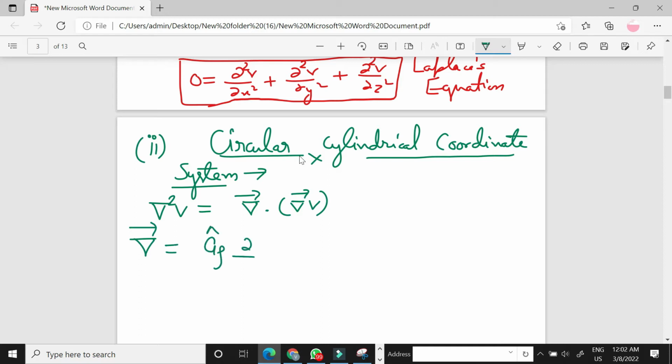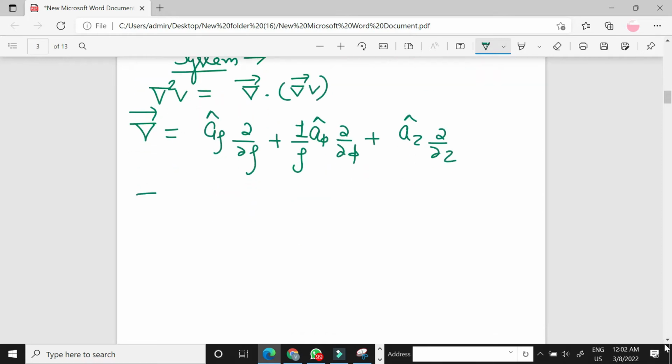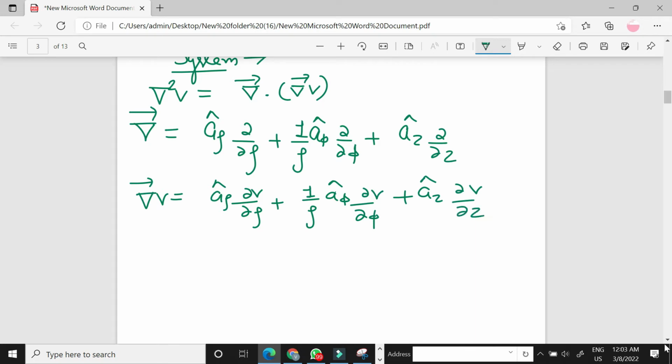A rho del upon del rho plus 1 upon rho A phi del upon del phi plus Az del upon del z. So del V is A rho del V upon del rho plus 1 by rho A phi del V upon del phi plus Az del V upon del z.